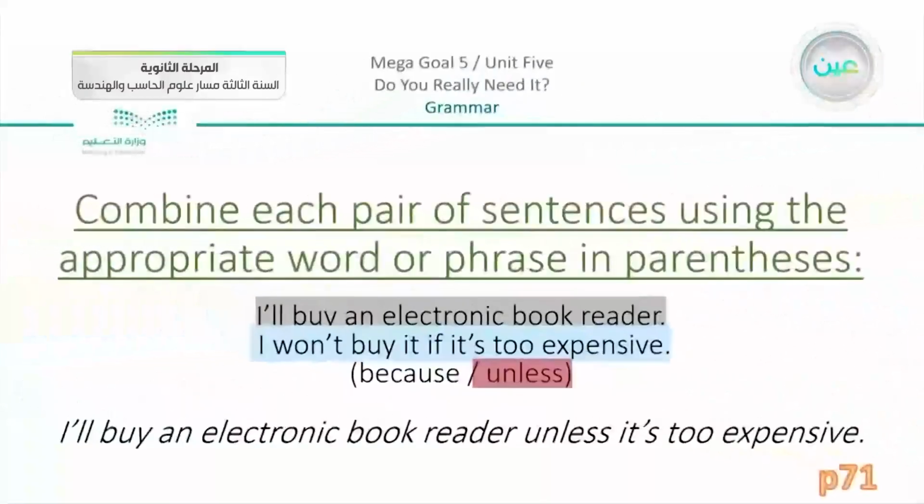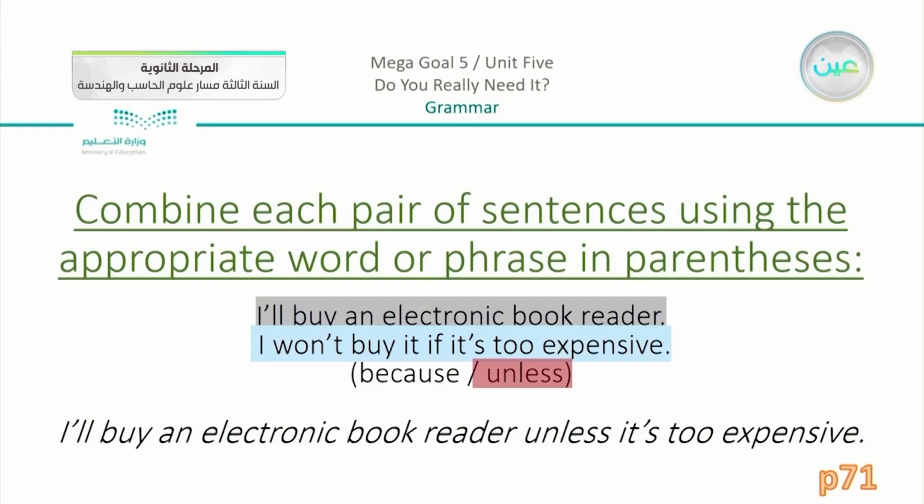Moving on with our third exercise, which is on page number 71: combine each pair of sentences using the appropriate word or phrase in the parentheses. This is just an example. We have: I'll buy an electronic book reader, and the other sentence, I won't buy it if it's too expensive.